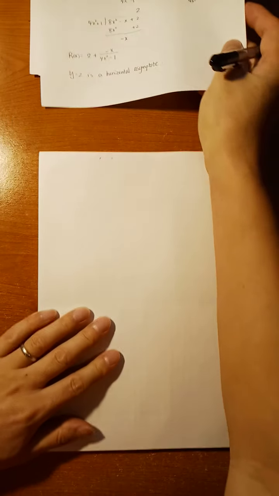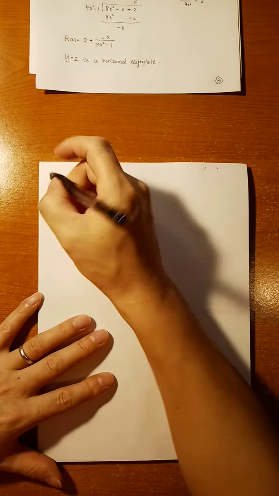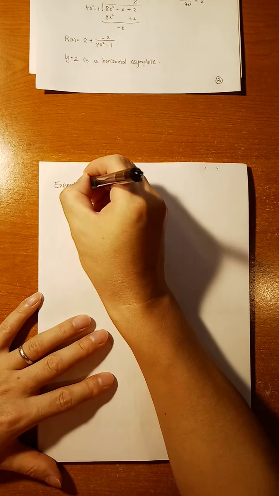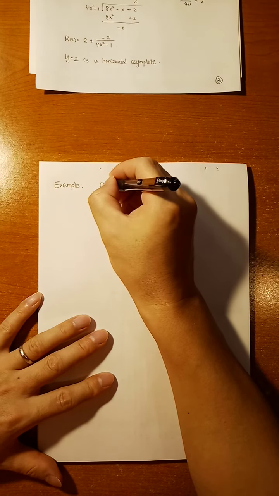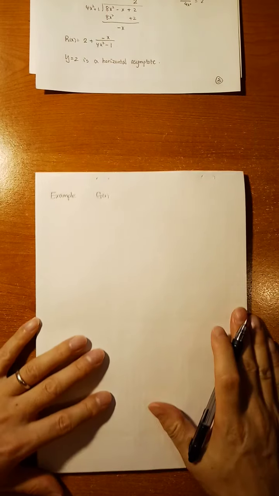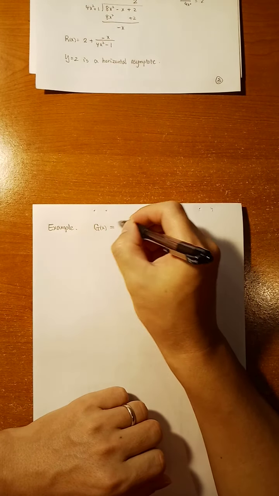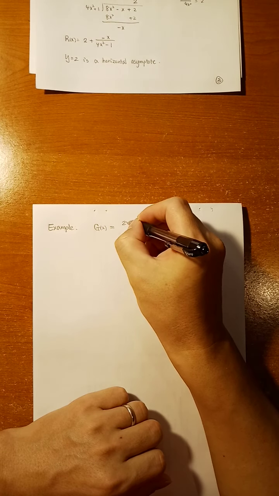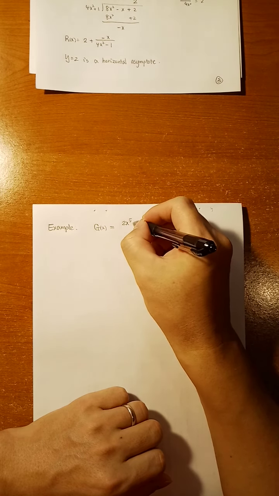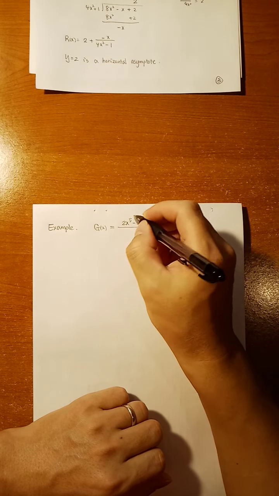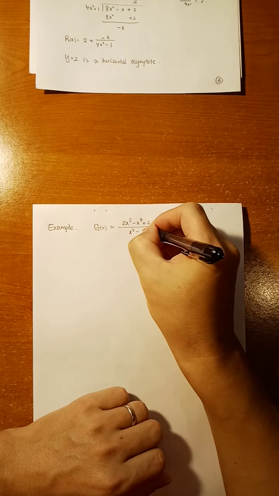Let's see if you have a bigger difference. Assume this rational function is (2x to the 5 minus x cubed plus 2) over (x cubed minus 1).